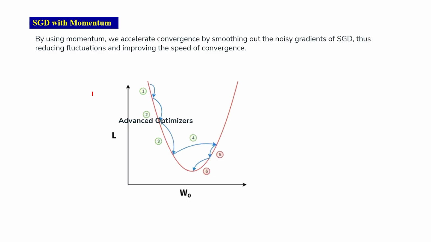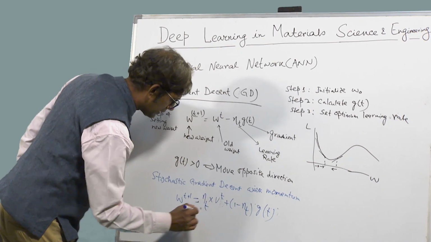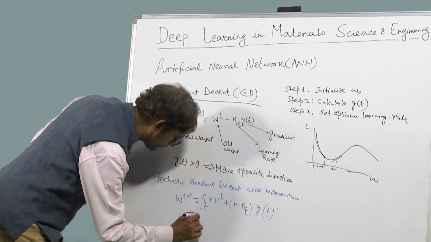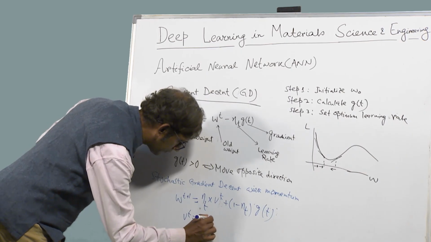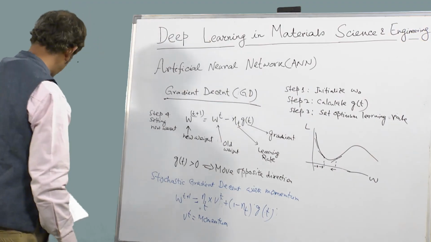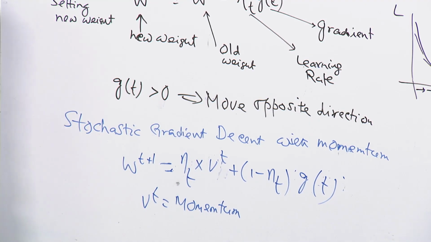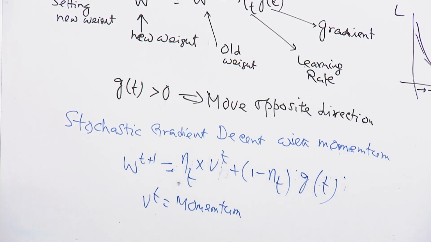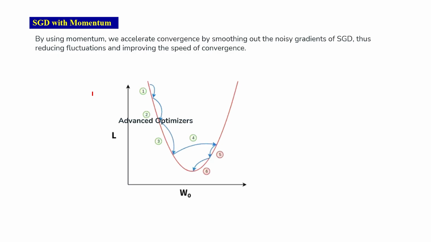These are very advanced optimizers, where it is not W t, this will be V t, and this V t is the momentum. Sorry about it. V t is the momentum. That momentum means you are adding an extra term there. The momentum allows you to calculate the model parameters. That is the main idea.